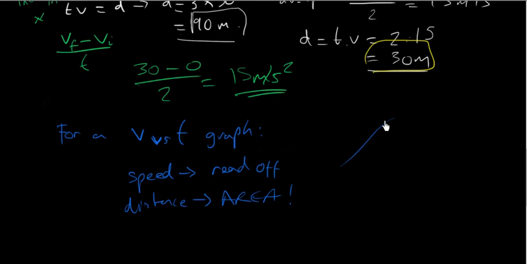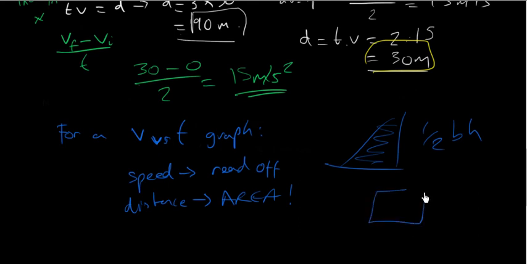It could be under a triangle, and then we do half base times height, or it could be a rectangle, nice and easy, and then we just do base times height. Right, and then if we wanted the acceleration, then we need the gradient.